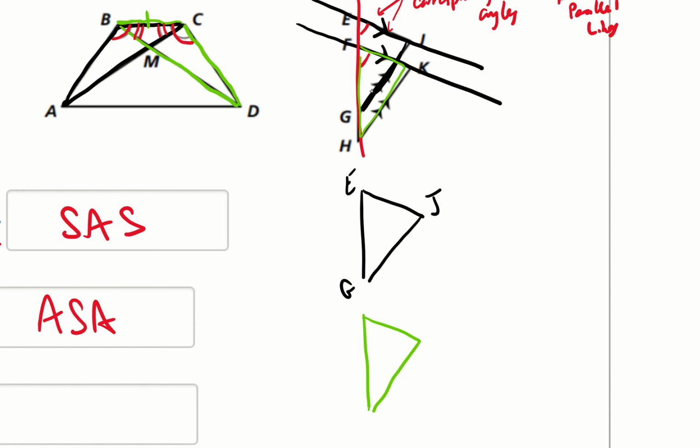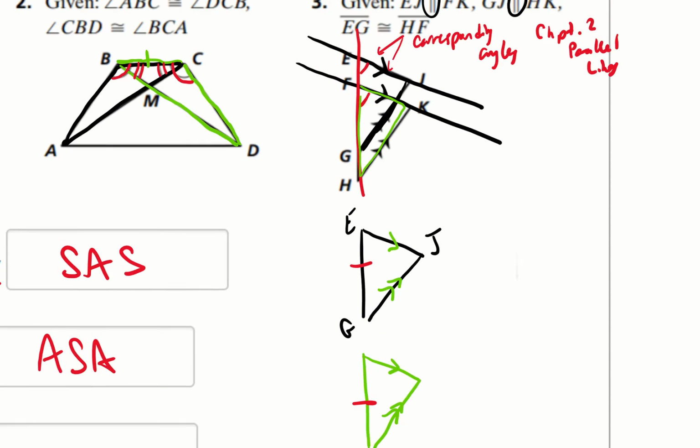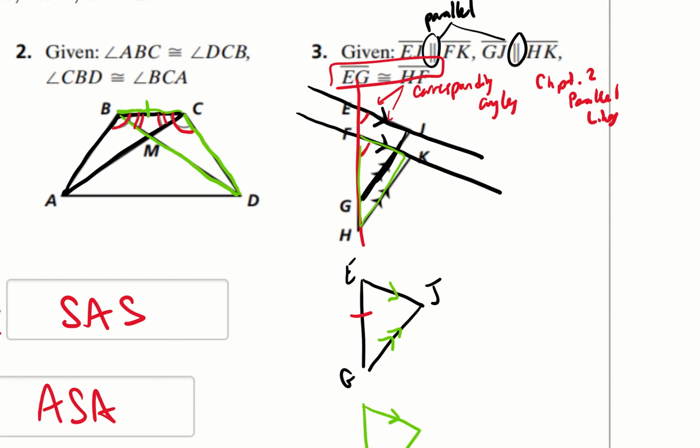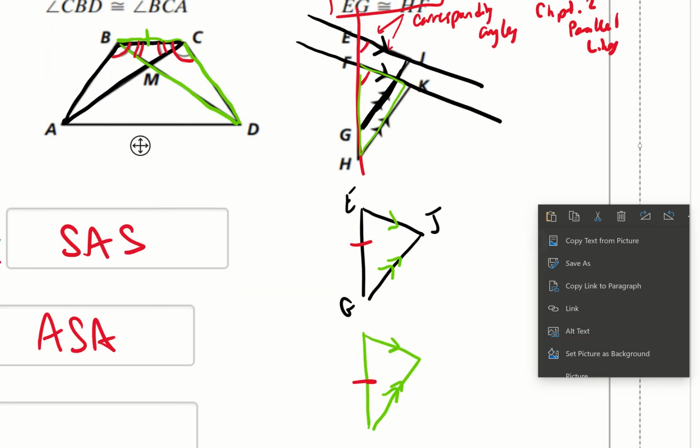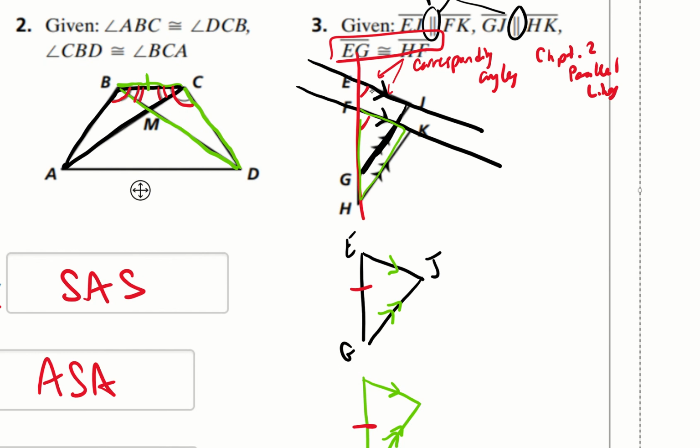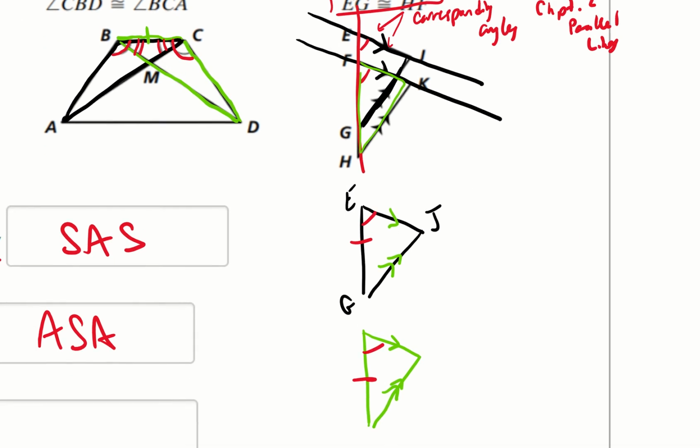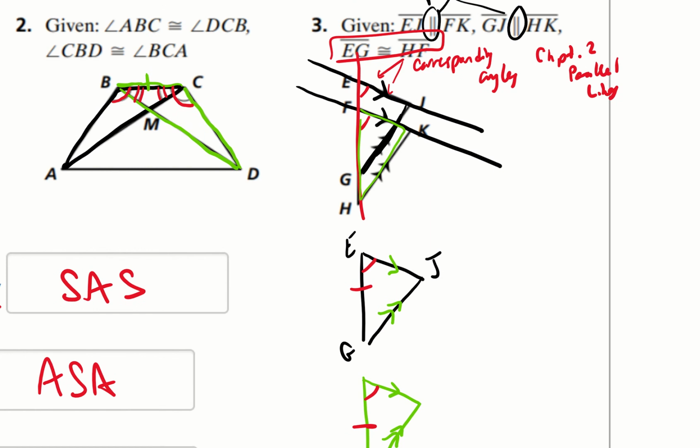Okay, and so these ones were the ones that were parallel, right? And these ones were the ones that were parallel. And now we know that this is congruent to that because they told us that here, right? So those two sides are the same. And now we just established that these angles are the same because they're corresponding angles. Okay, so now we know that those two angles are the same. And so now let's go ahead and analyze another part of this.